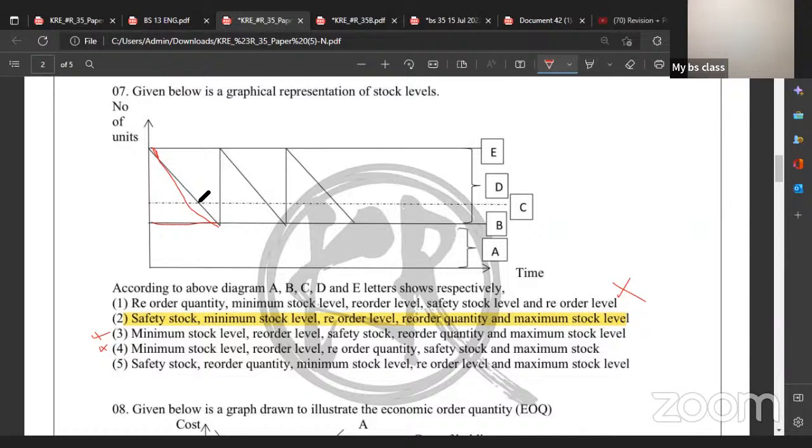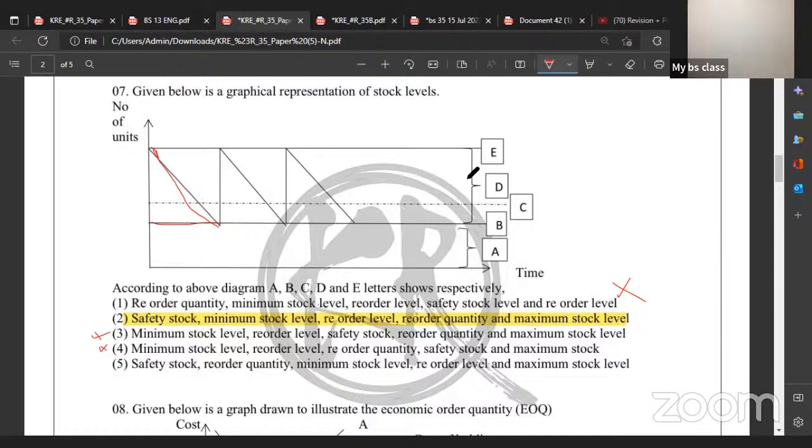With fuel, you cannot wait until it runs out. You cannot wait until the tank reaches 0. You have to fill it at an earlier stage. So you are not going to wait till the minimum stock is reached, but prior to that, above the minimum stock level, you will have the reorder level, right?